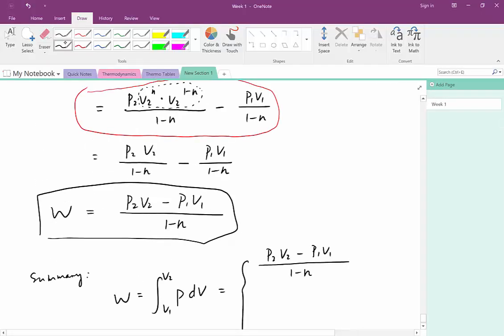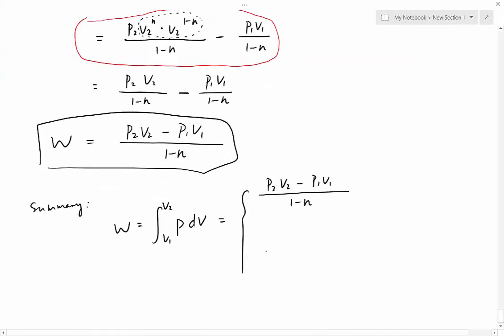What we actually usually use is this one: P1 V1 times N times V2 to the power of 1 minus N, over 1 minus N, minus P1 V1 over 1 minus N. So this solution is only an intermediate step in our derivation. However, we usually use this one.